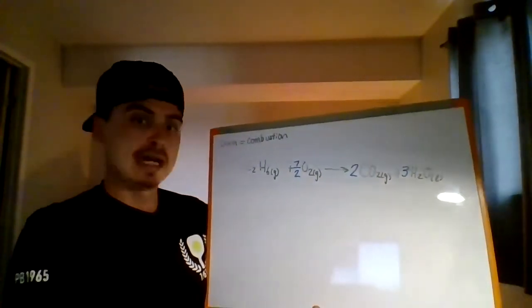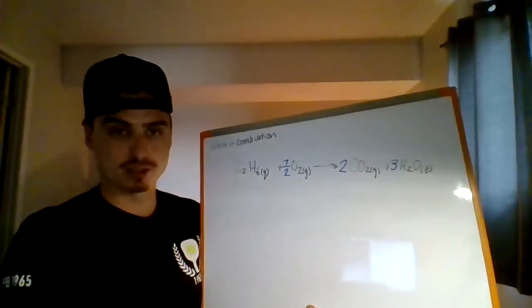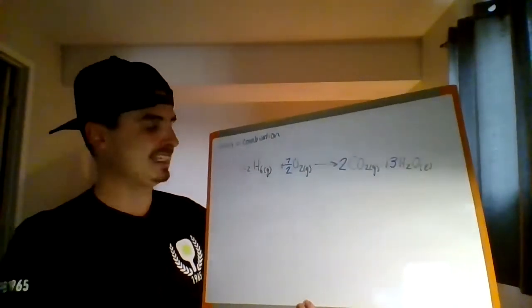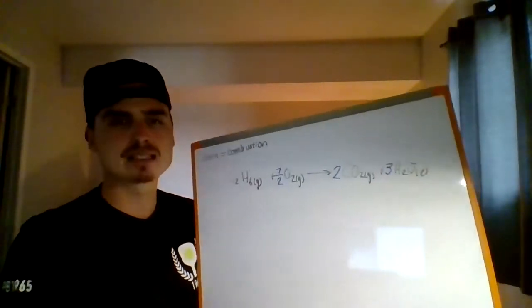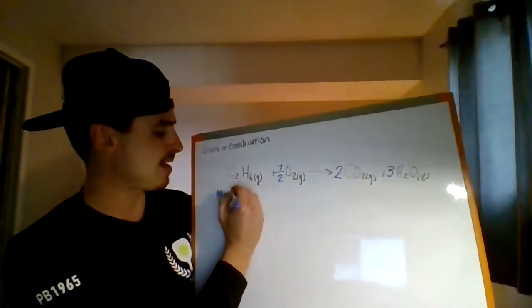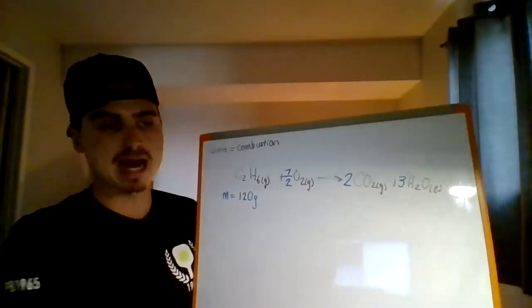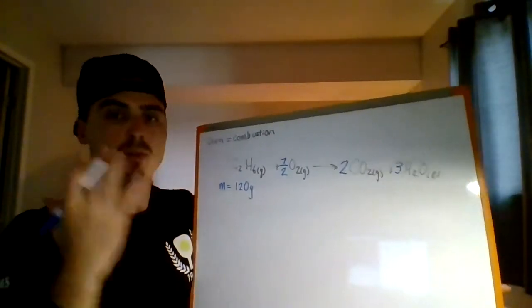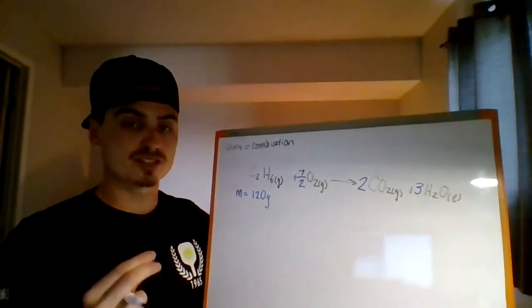Okay. The second requirement that I need is the moles of one chemical. Well, it doesn't give me the moles of something, it gives me the mass. It says 120 grams of ethane. So all I'm going to do is underneath ethane, I'm going to write the mass. Now, alarm bells should start to go off. The second requirement says we need the moles of something.